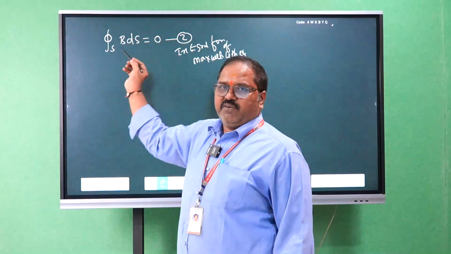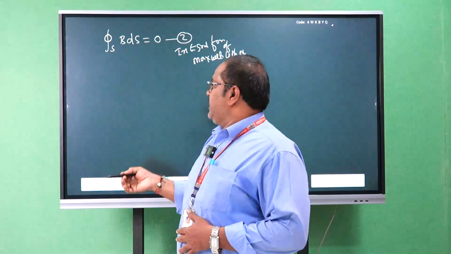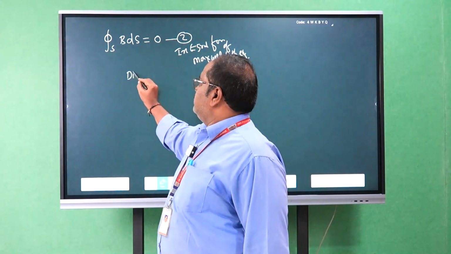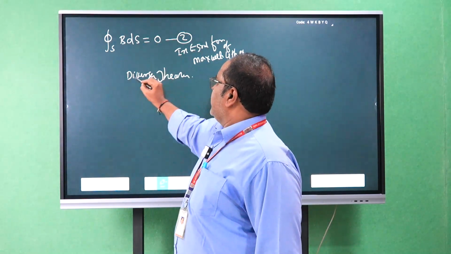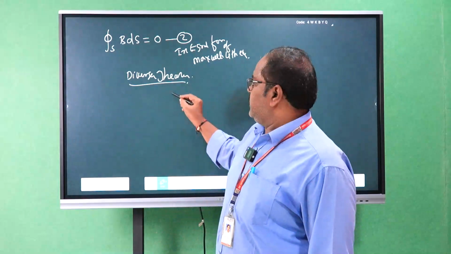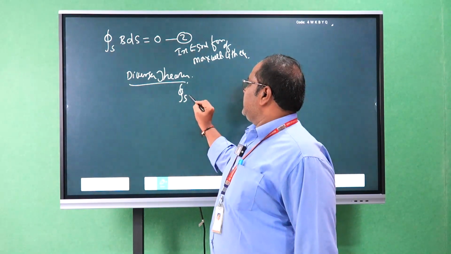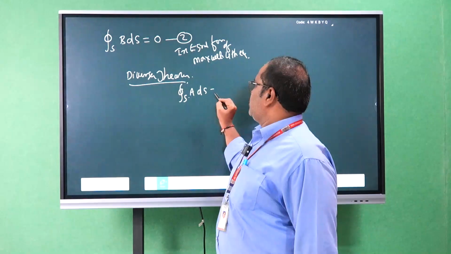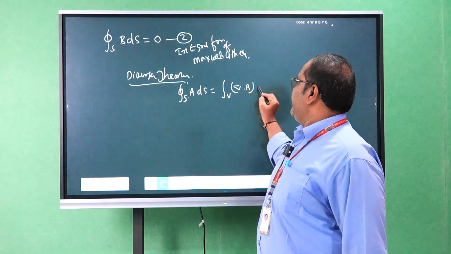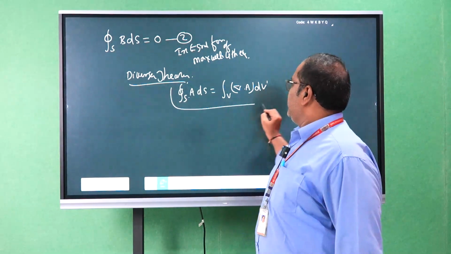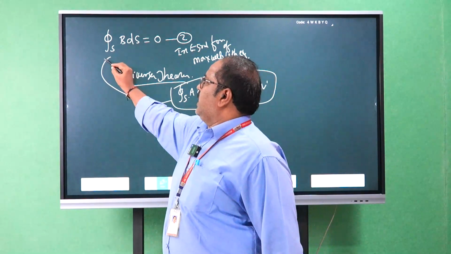This integral form is converted to point form by using the divergence theorem. The divergence theorem states that the surface integral of A dS is equal to the volume integral of del dot A dV. This formula is applied to this equation.